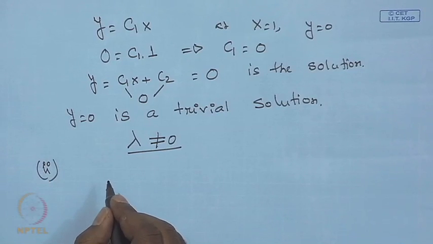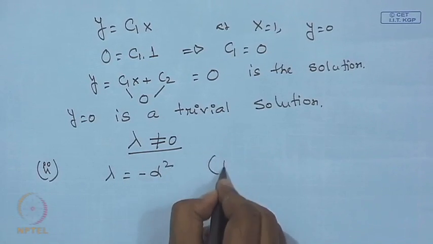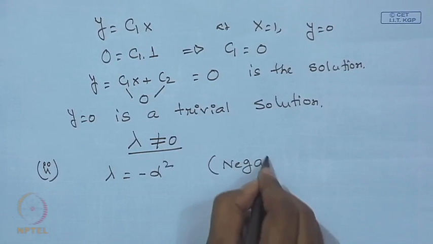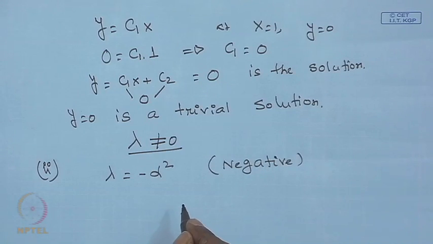The second option is lambda is negative. So, lambda is equal to minus alpha square. Now, let us see what the form of our differential equation is under this condition of lambda.